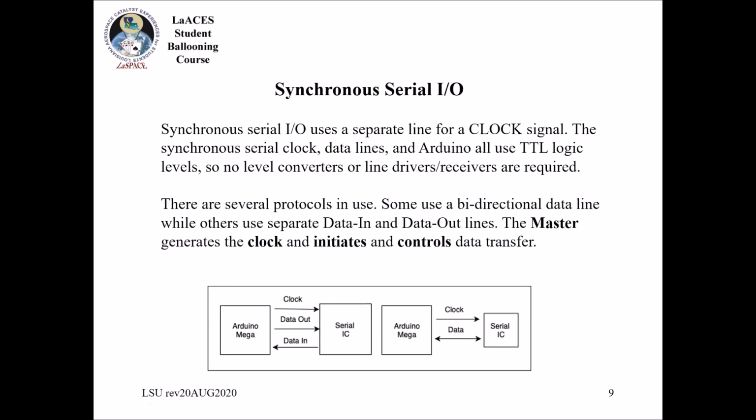So if I'm going to communicate on a serial bus, it's going to transmit those ones and zeros using 5 volts. But maybe the thing that I'm communicating with really wants 2 volts or 3.3 volts or something else, then you have to add in an extra chip, an IC such as a line driver receiver, that's going to do what we call level shifting, so that those voltages will match on the two sides.